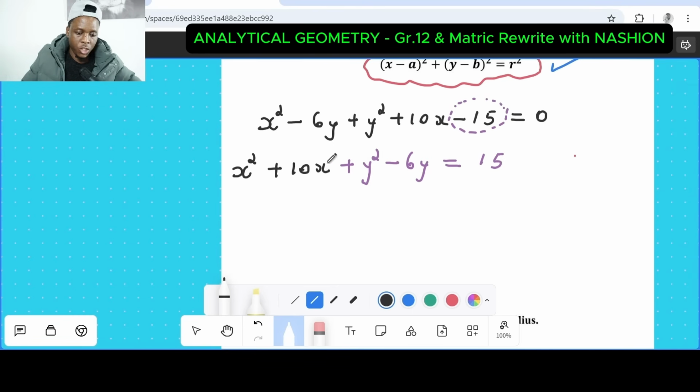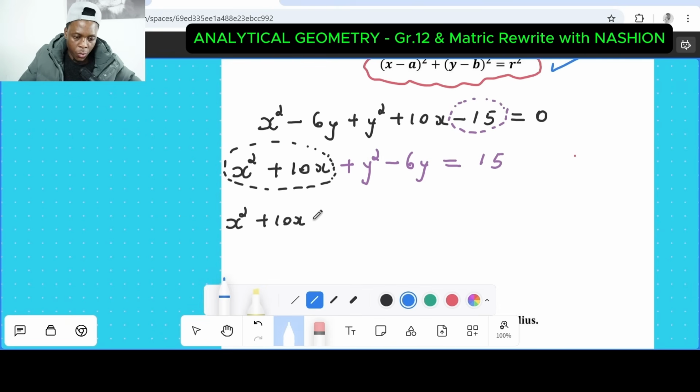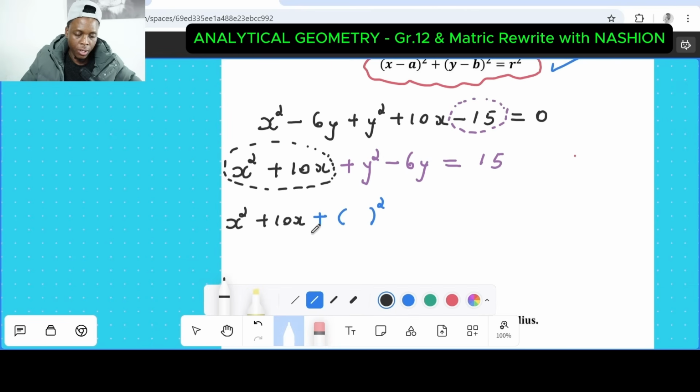Then next we do this. Let's start by focusing on the x terms first: x squared plus 10x. We are going to be adding something and squaring it. What are we adding exactly?